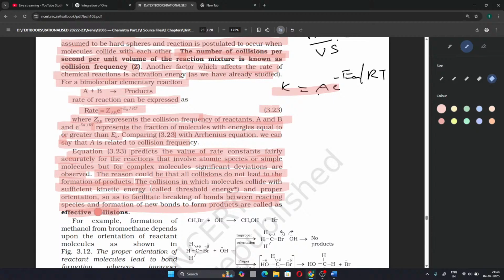Basically, the sufficient kinetic energy required for the molecules is called the threshold energy, and the molecules need proper orientation. This should facilitate breaking of the bonds between reacting species and formation of new bonds.